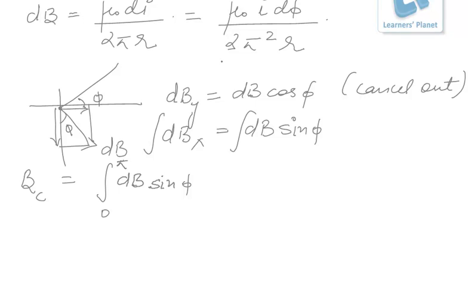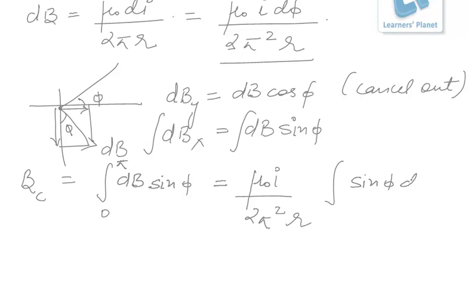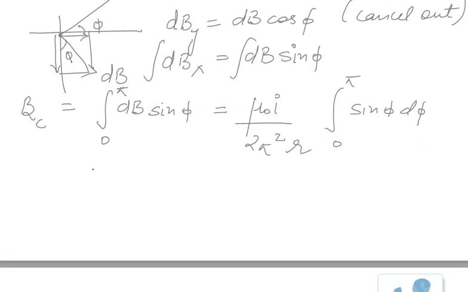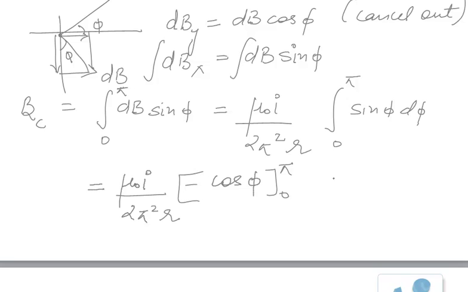Now if we substitute the values of dB here, we will get mu naught I upon 2 pi square r as common, and sin phi d phi inside the integral with limits 0 to pi. Now the integral of sin phi is minus cos phi, and if we put the limits 0 to pi, we will get this value as 2.